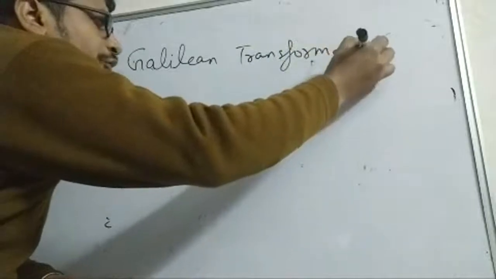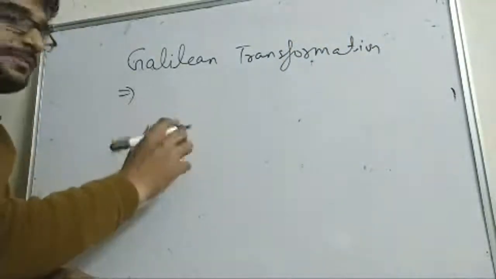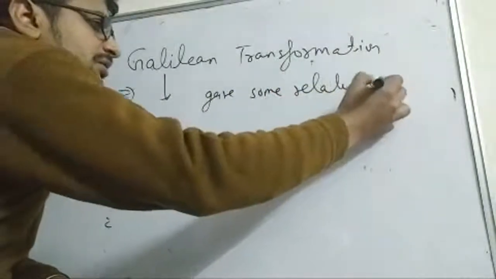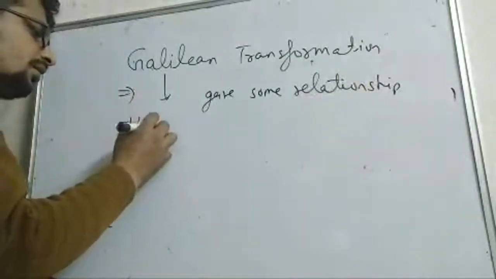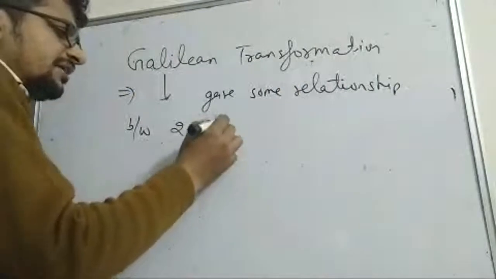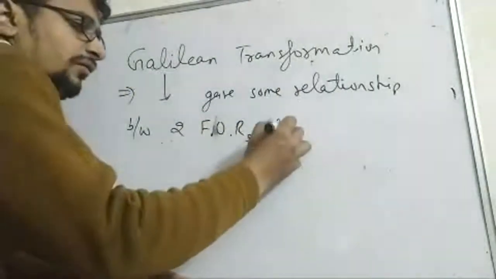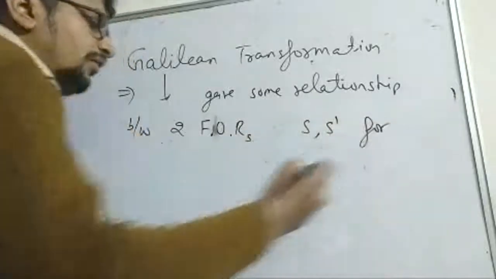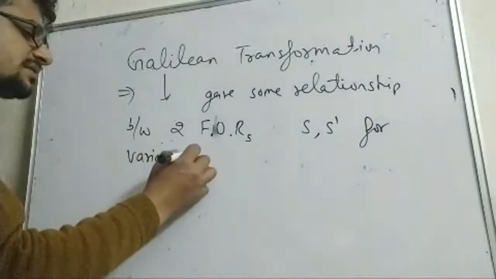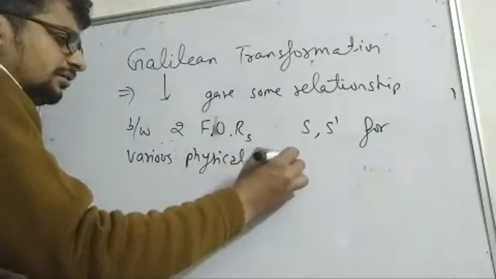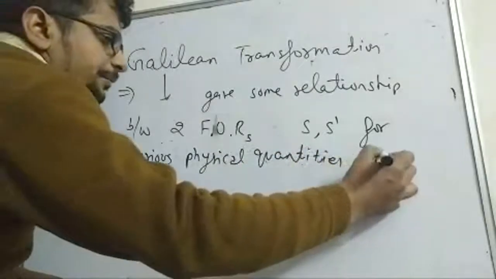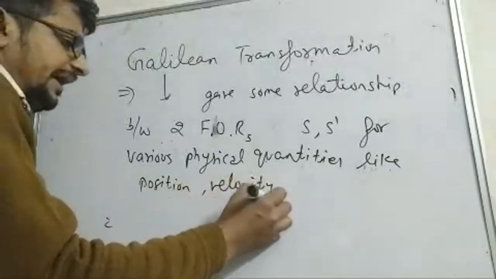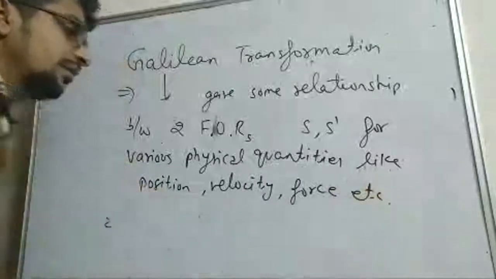Galilean transformation is the second topic of this chapter, and it is defined as: Galileo gave some relationship between two frames of reference, S comma S dash, for various physical quantities like position vector, velocity, acceleration, force, etc. Many physical quantities are there. Got my point or not?